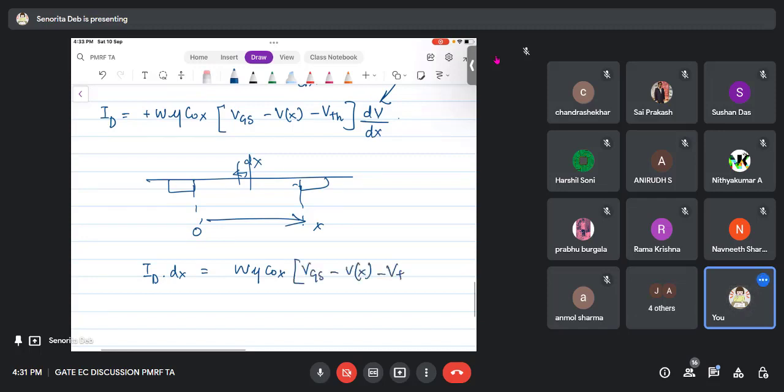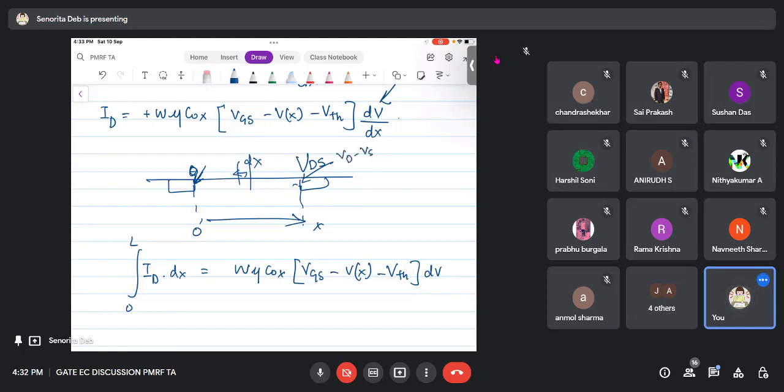Here you are integrating from 0 to L, because x is going from 0 to L. And the voltage is going from 0 to VDS, the complete voltage, the drain voltage with respect to source. At source, the voltage with respect to source is 0, since Vs minus Vs is 0, and here Vd minus Vs is VDS. So here it will be 0 to VDS.